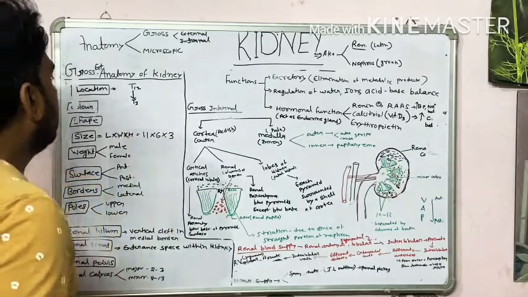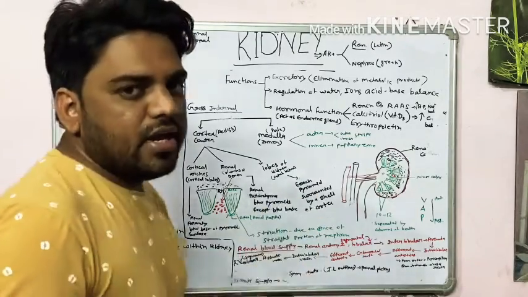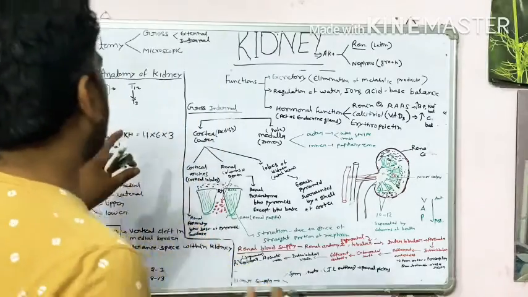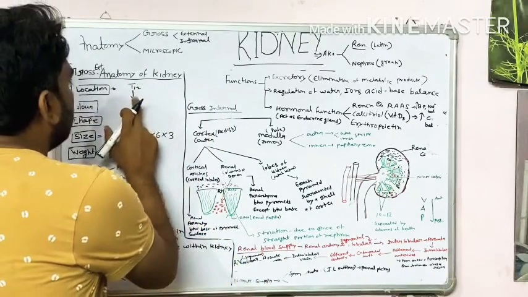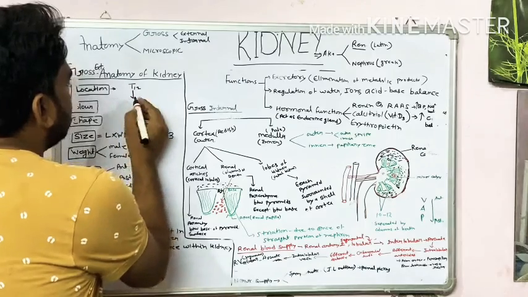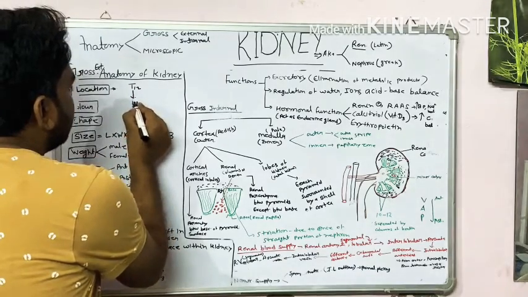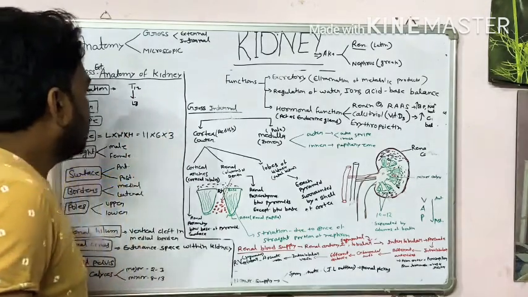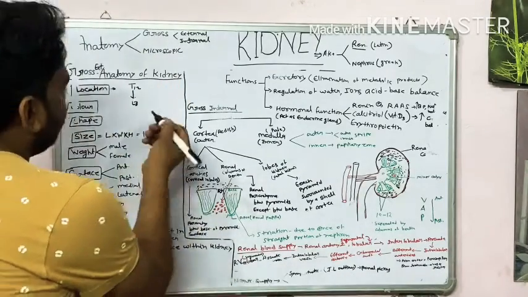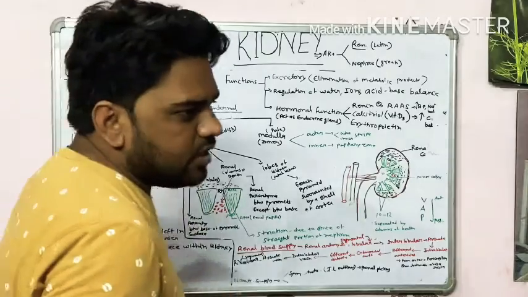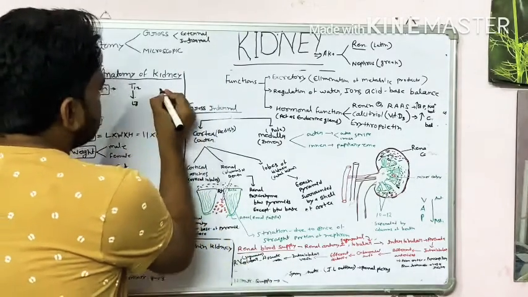The location of the kidney extends from the T12 thoracic vertebra to the L3 lumbar vertebra.